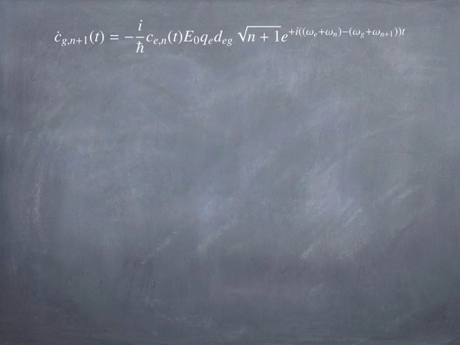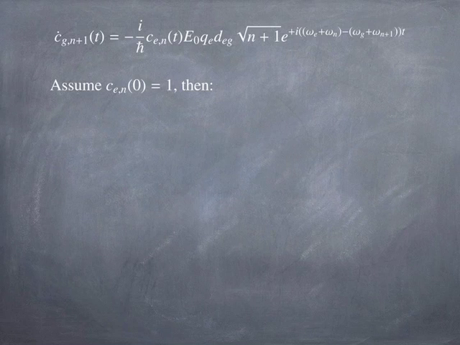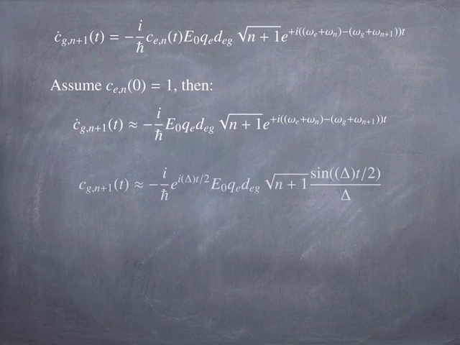Now we can integrate that, assuming that the excited state amplitude at t equals 0 is 1, just like we did before. And we go ahead and perform the integral, and what we get is a sine of delta t over 2 divided by delta. Notice that there's a square root of n plus 1 there.